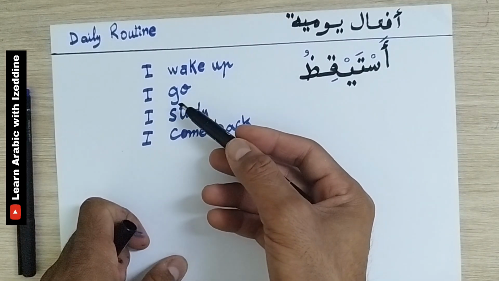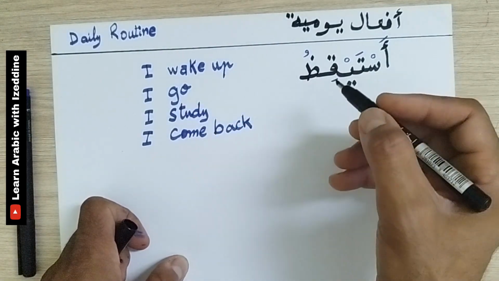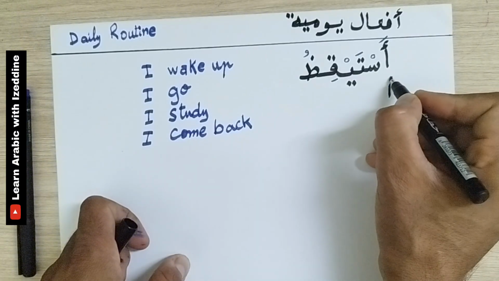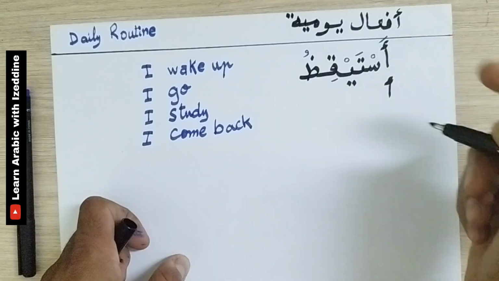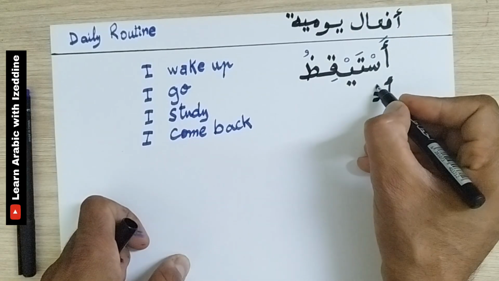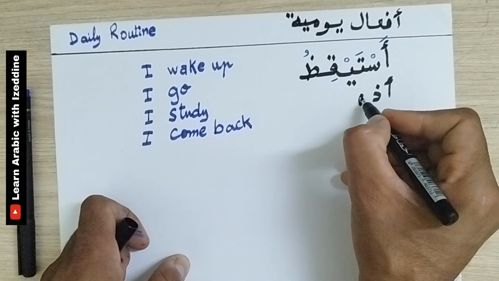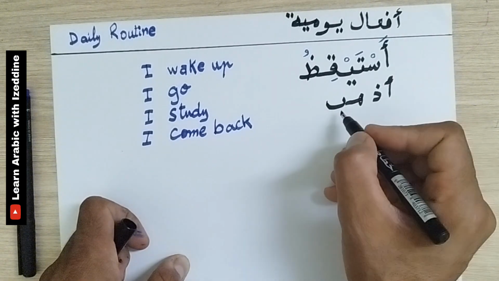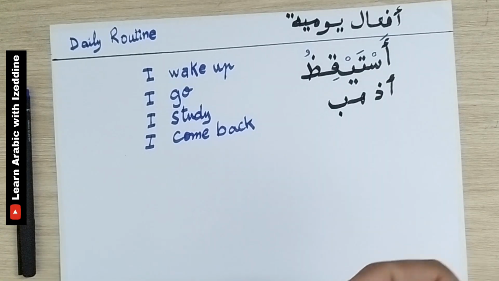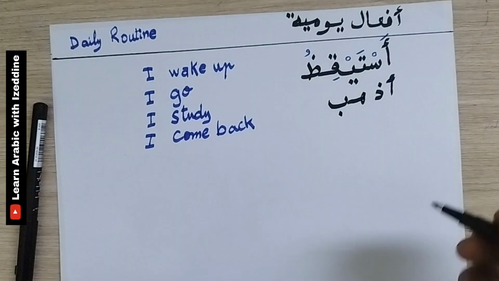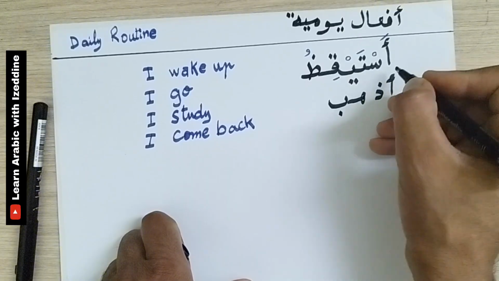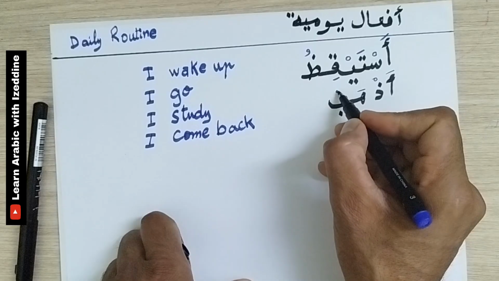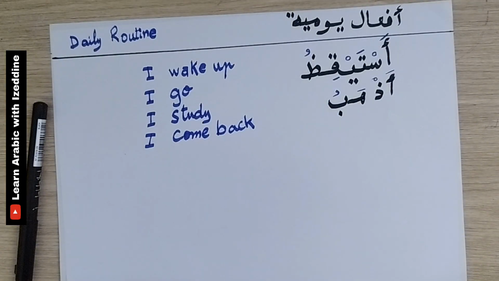Now, how to say I go in Arabic? We say أذهب. A, it's the same like this. Dh, H, B. B with a dot like this. Harakat: A, dh, h, b. أذهب.